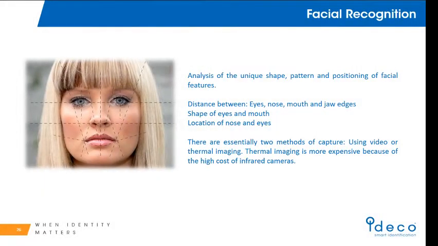The first one I'm going to talk about is facial recognition. Facial recognition has huge advantages, because you can use current cameras, video cameras or thermal imaging that are often there already within organizations. And typically what you're doing is analyzing the shape, the pattern, and the positioning of facial features.